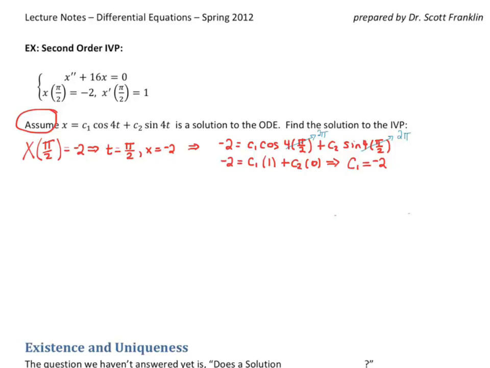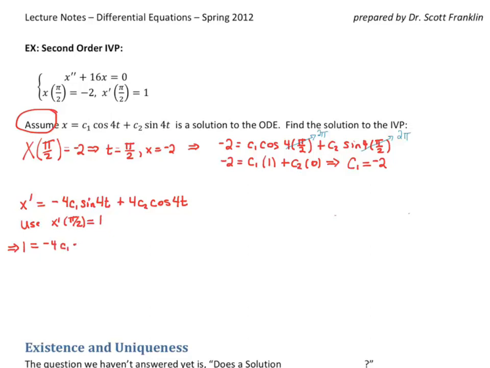Now, in order to use the second initial condition, we need to know the derivative of this function right here. So we're going to take the derivative of that. Derivative of cosine is negative sine, so you're going to end up with negative 4 c1 sine of 4t plus 4 c2 cosine of 4t, plugging in, again, pi over 2 for t, and this time, for the derivative of x, we're going to plug in 1.